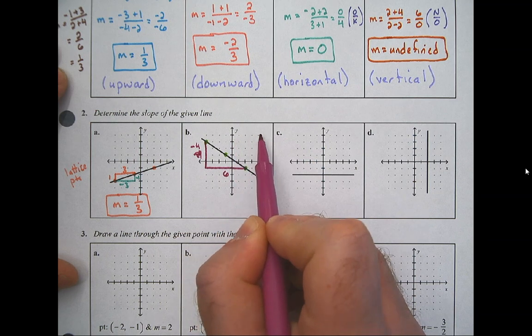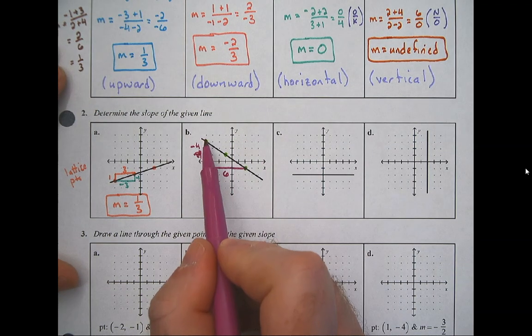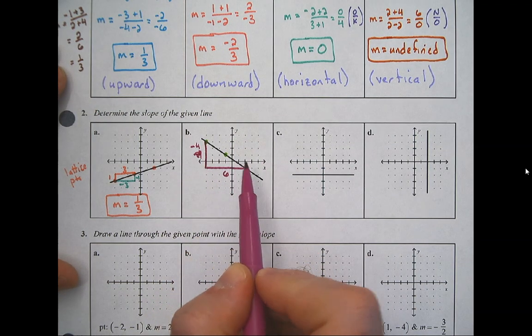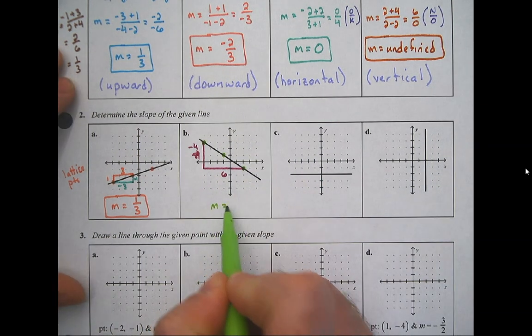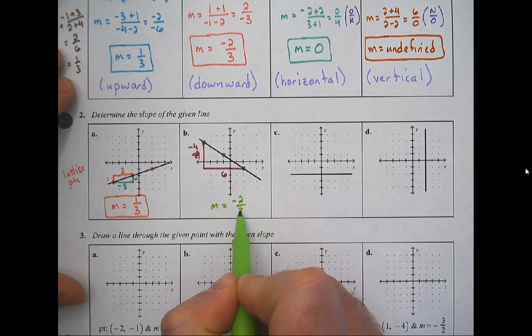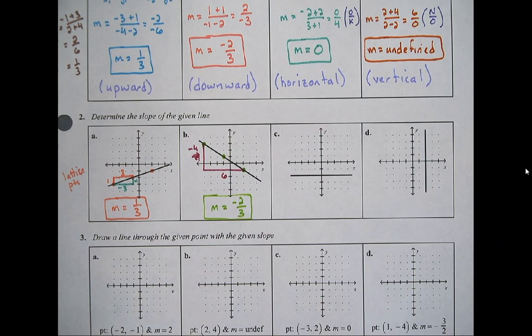You don't go 1, 2. You're not counting the dots. You're counting the gaps in between. Okay, so my rise is -4. My run is +6. -4 divided by 6. I reduce the 4 and the 6. My slope would be -2/3.